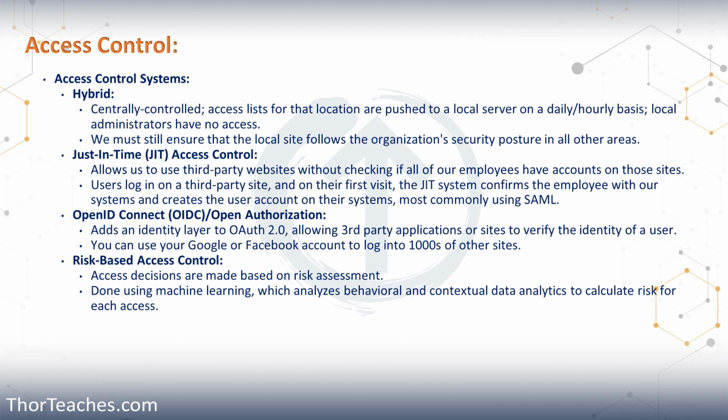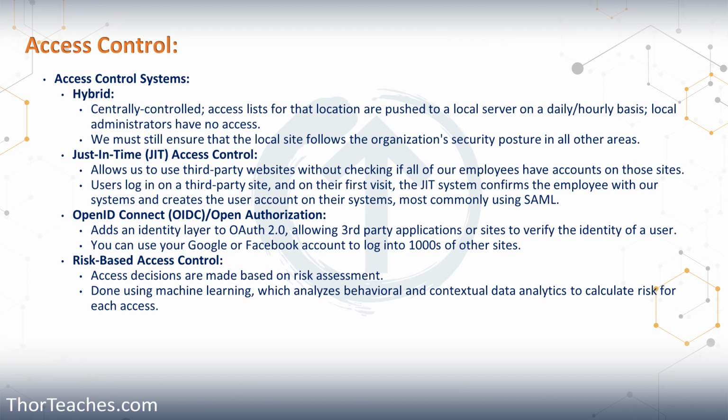Now, instead of exporting a giant Excel spreadsheet with all our employees the day they joined, sending that to the company, having them create accounts for everybody, and then having to send them tens or hundreds of new accounts and removing accounts every day when people join and leave the organization, instead, we can use JIT.